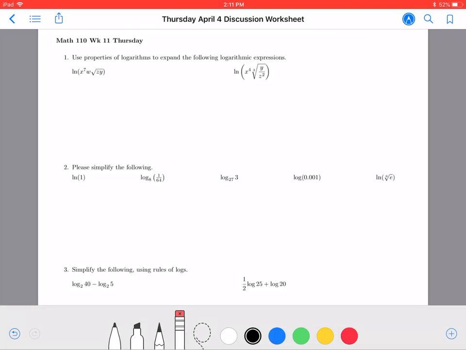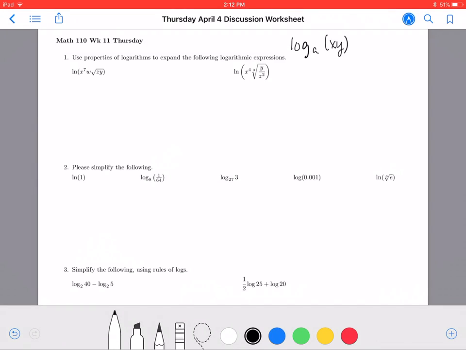Okay, really quick, let's review properties of logs. We want to make sure we're able to condense or expand logs when we need to. A couple properties are going to help us. The first looks like this.